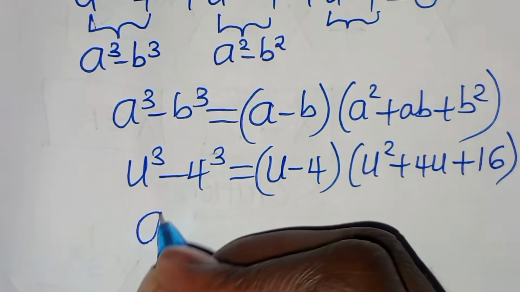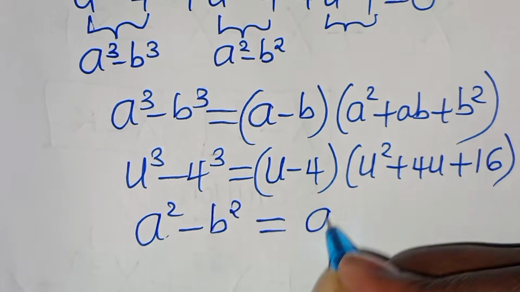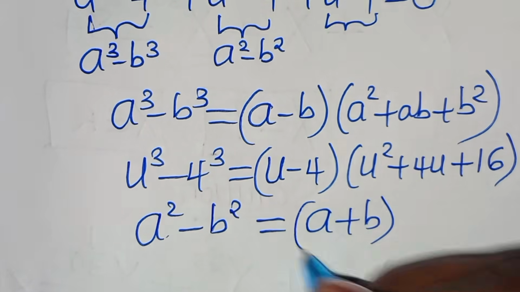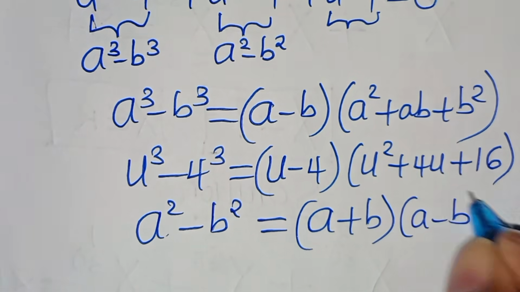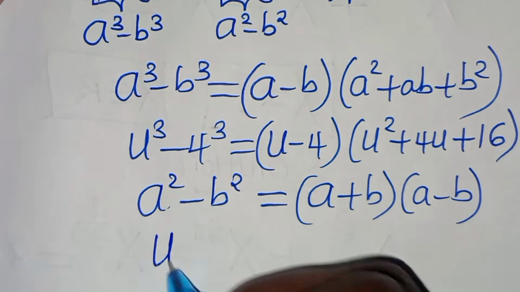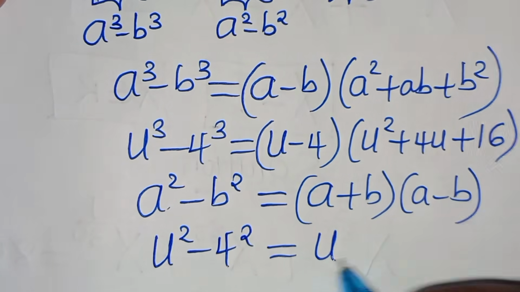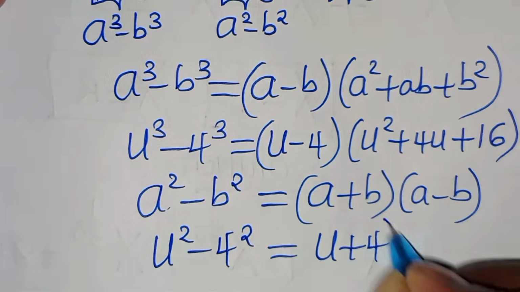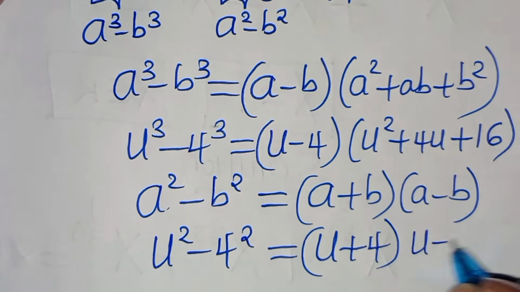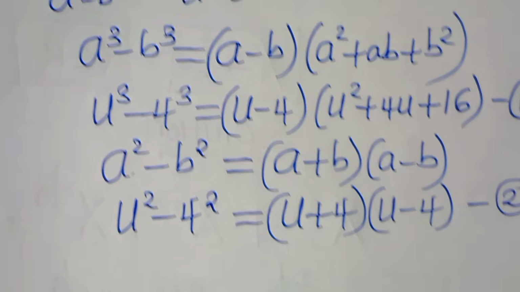Then we have a to the power of 2 minus b to the power of 2, which is equal to a plus b multiplied by a minus b. Applying this identity, we have u to the power of 2 minus 4 to the power of 2, which can be expressed as u plus 4 multiplied by u minus 4. Let's call this part 2.